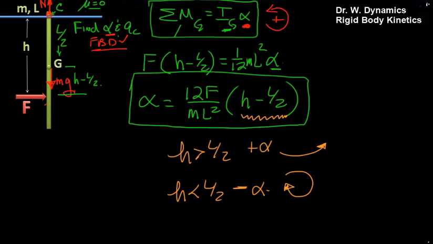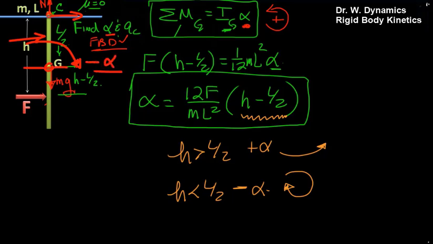Now, why is that? Well, if we look back here, if we impact it here, this thing's going to rotate with a positive alpha about that center of mass. But if we impacted it up here, there's inertia to this rod, and as a result of that, it's going to cause it to accelerate and move C forward, and we'd have a negative alpha.